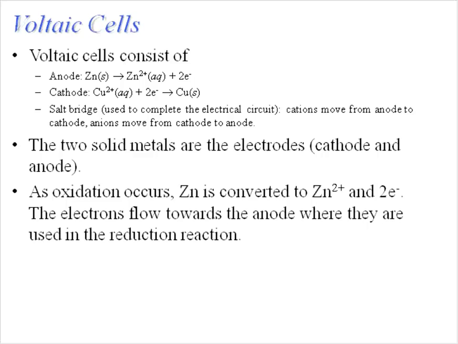So we have defined anode, where oxidation takes place, that electrode. Cathode, where reduction takes place.